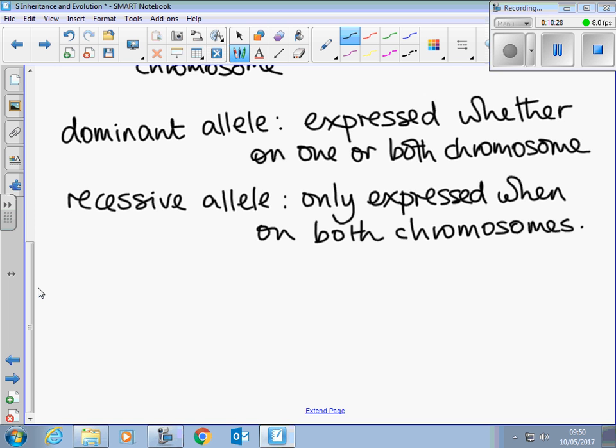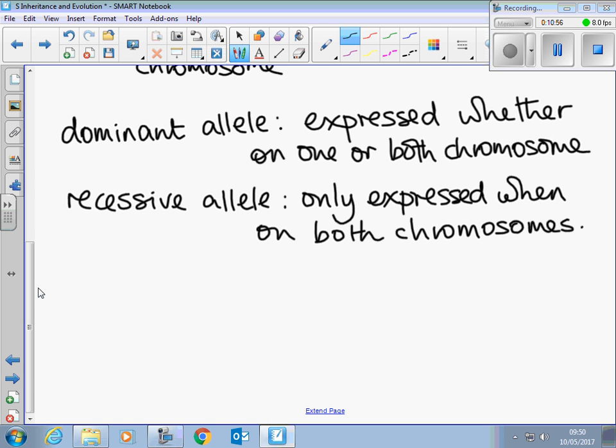Because brown is dominant, they could have two brown ones, or they could have a brown and a blue. So you don't know what alleles somebody has if they've got brown eyes. Do you know what alleles they've got if they've got blue eyes? You do. Where you've got two recessives, you will always know, because that's the only way it can show.